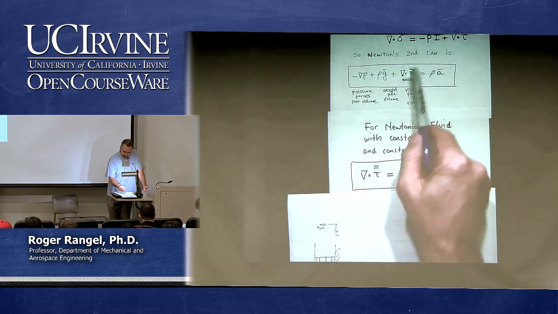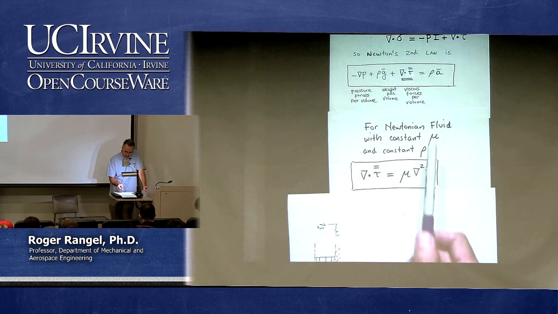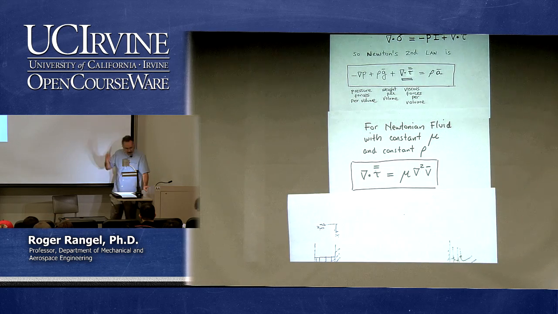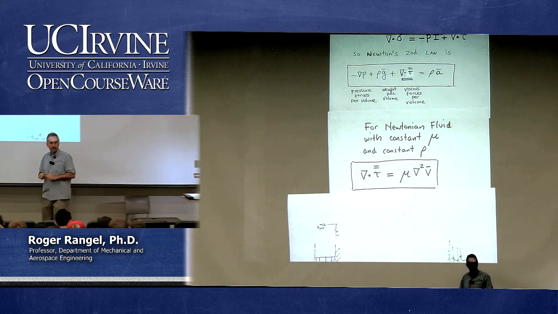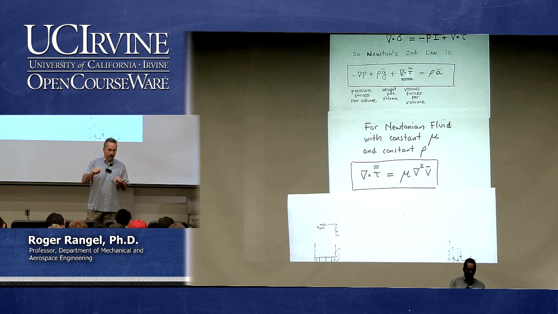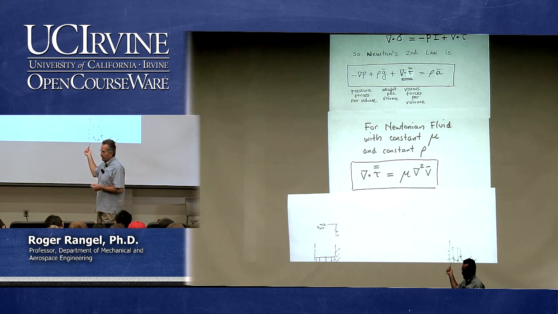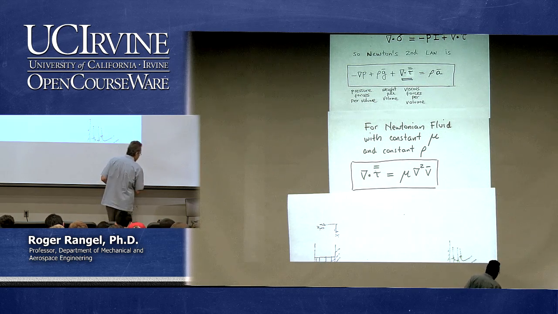This term that I underline here with the two purple bars, the viscous force per unit volume for a Newtonian fluid, happens to be this. There is the mu that we were talking about, but now a new operator for this class. What operator is that? This operator.